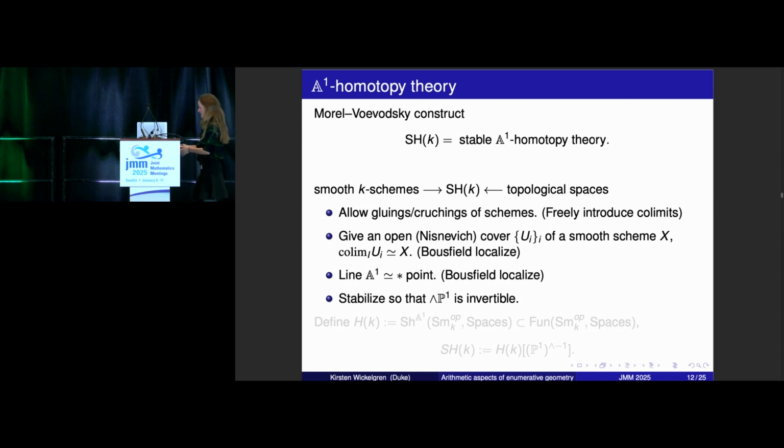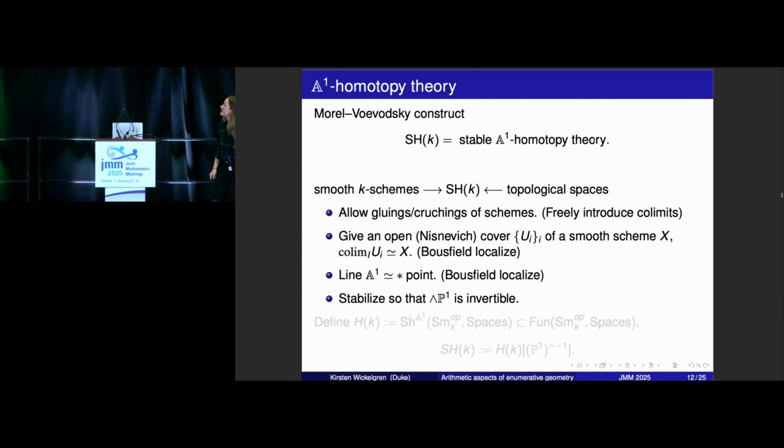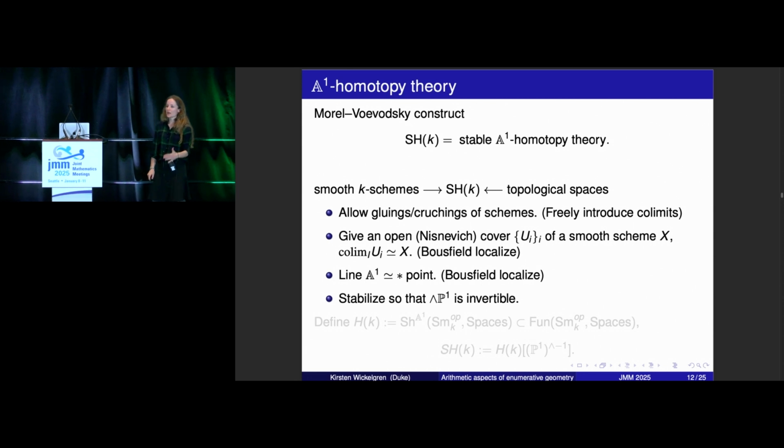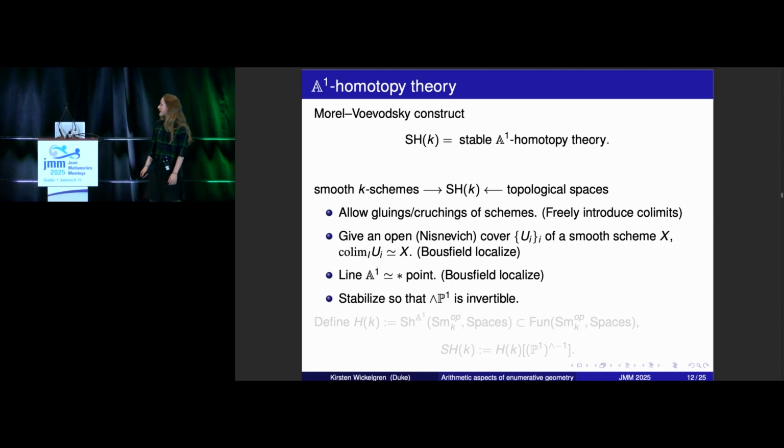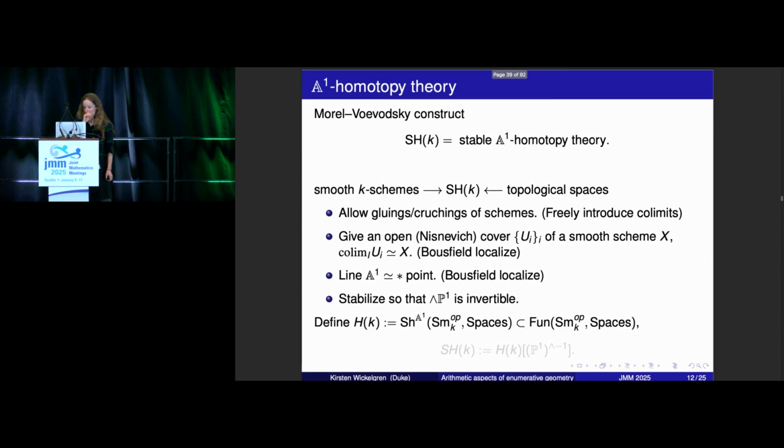So this smashing argument there, it's like taking a product, but then crushing base points across other factors. And so we want to make it possible, this is a suspension by P1, we want to make it possible to desuspend. And then that constructs this SH, and that can be written very compactly.